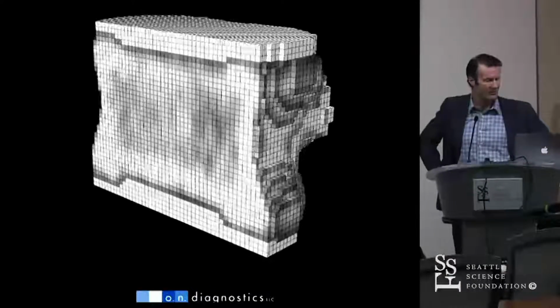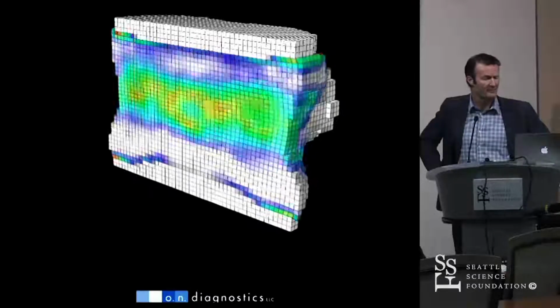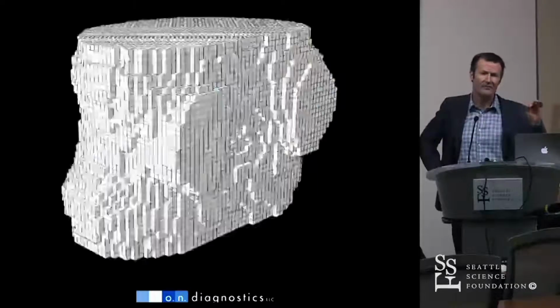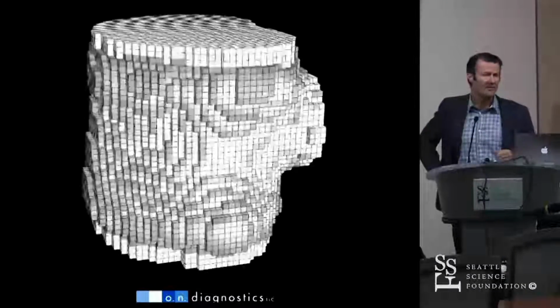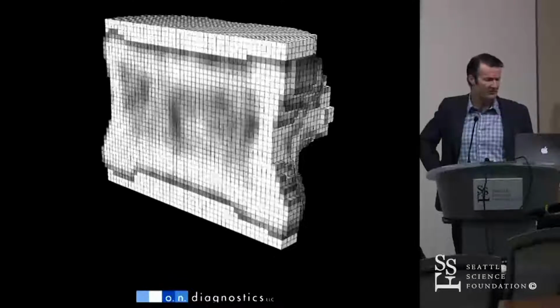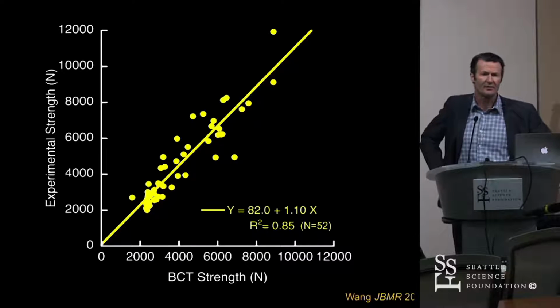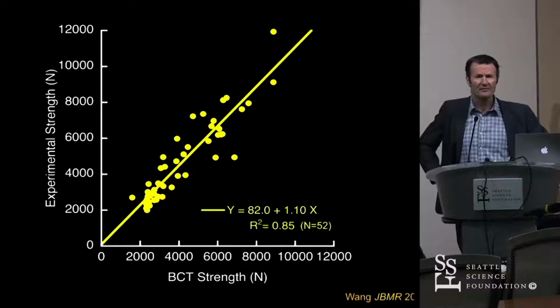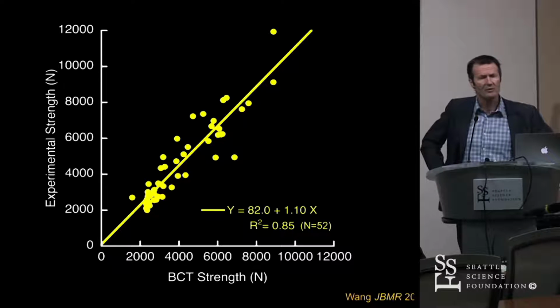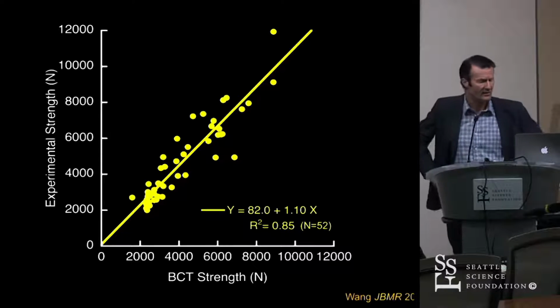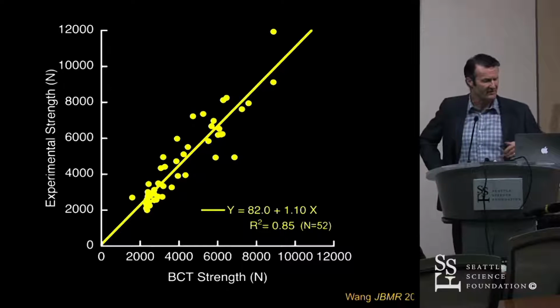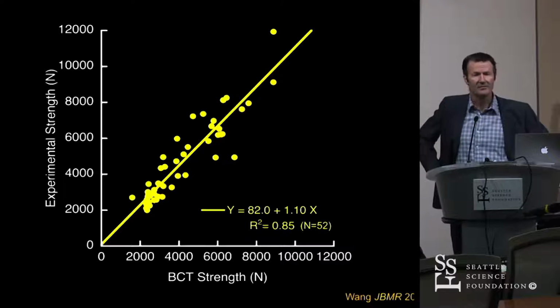So it looks something like this. You're making your structural model, and then you're virtually compressing it, and then it'll fail. From that, you can make an estimate of the strength of the bone. Here you can see, if you do cadaver experiments and actually break some vertebrae, that's on the vertical axis, and you compare it with the strength coming off the computer modeling, which we call BCT for biomechanical CT, the correlation is very strong.